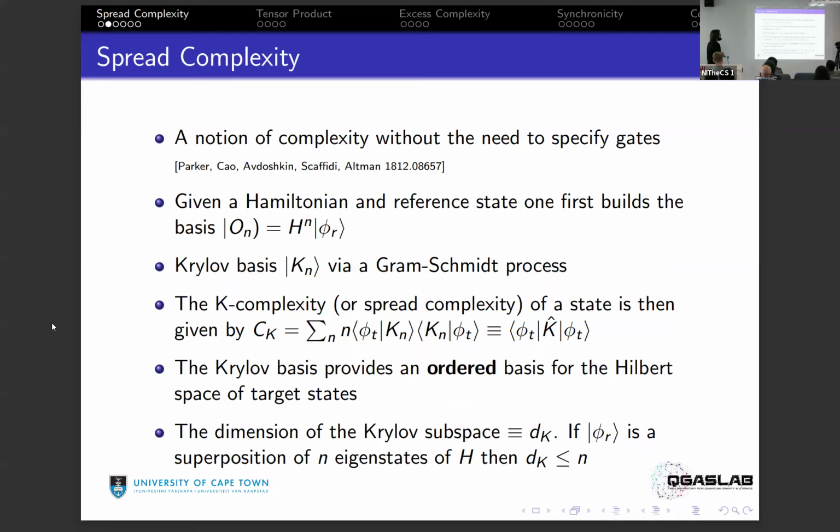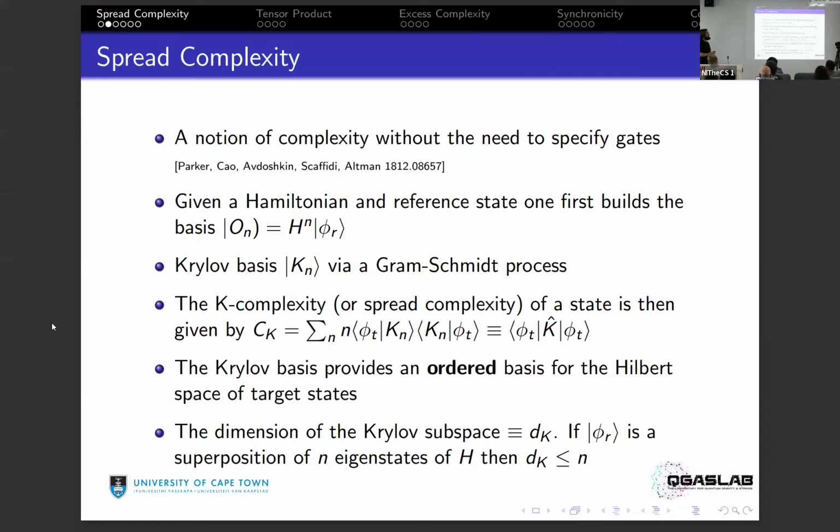This gives you an orthogonal basis, the Krylov basis, and now I'm just going to invoke this cost function: the Krylov complexity is given by a sum over the Krylov basis, project your target state onto the Krylov basis, and assign to the Kn basis vector weight n.